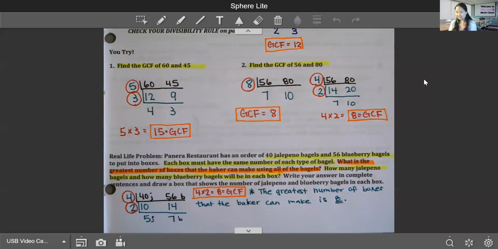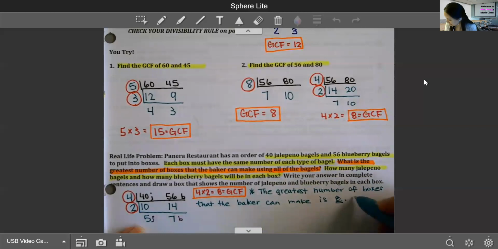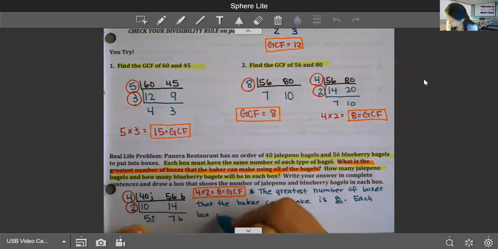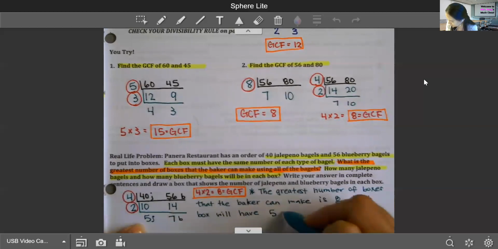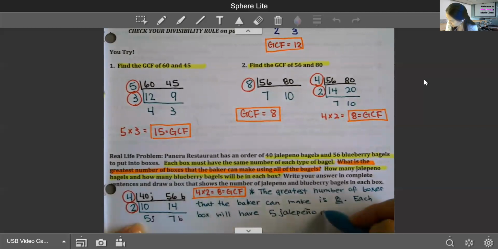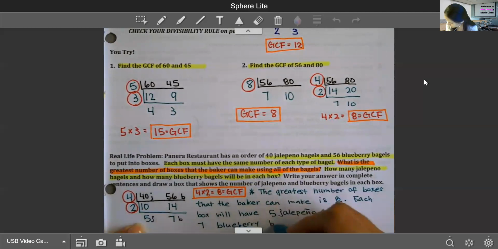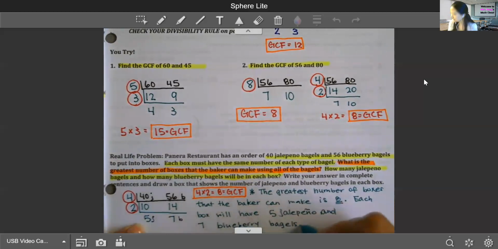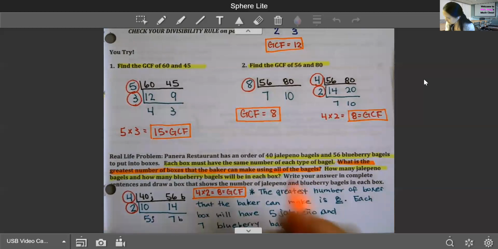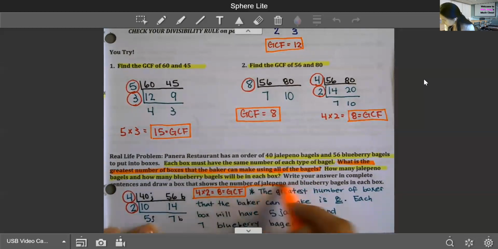So you can say each box will have 5 jalapeno and 7 blueberry bagels. And then I'm going to nicely box that answer.